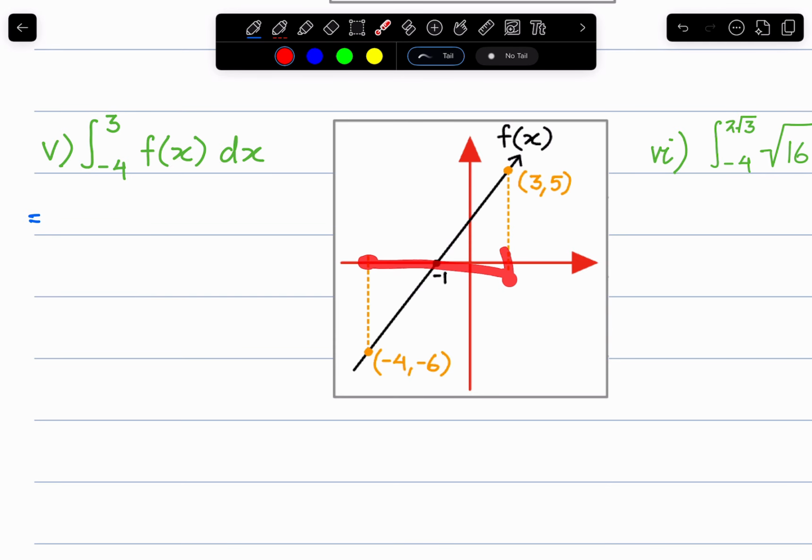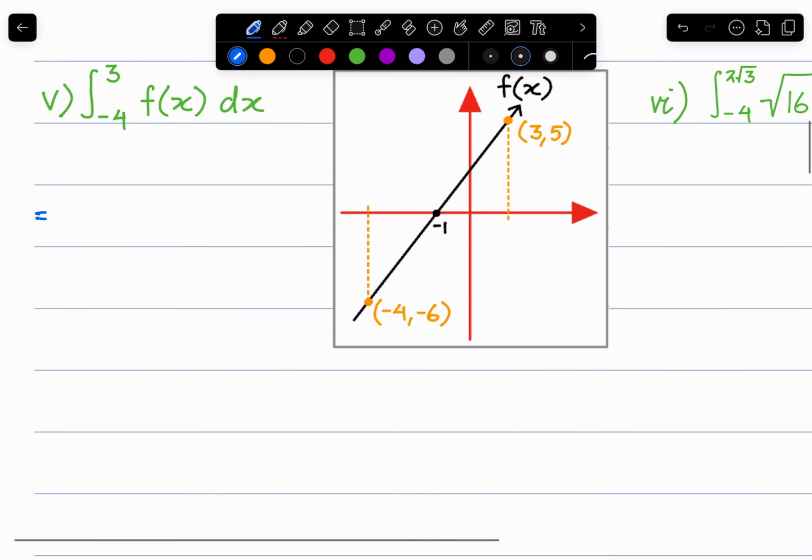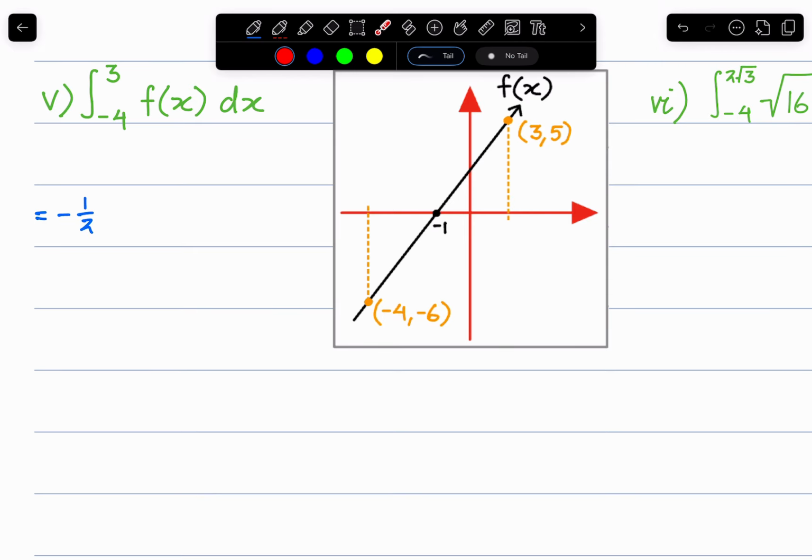Normally this would be very simple if we knew what the function was, and it would automatically cancel out whatever it needs to give us the definite integral. But since we have to break this down into basic shapes, the first one is a triangle. It's below the x-axis, so -1/2 times the base here, which is going to be from -4 to -1.